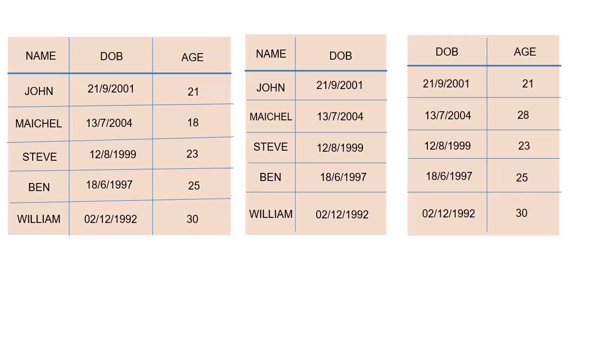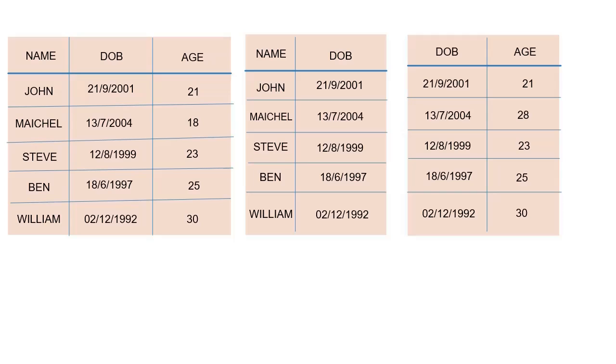So for this reason, we split our table of 3 columns into 2 tables of 2 columns each, with name and date of birth as attributes in our first table and date of birth and age as attributes in our second table. In the first table, the primary key is name, which completely decides the attribute date of birth.